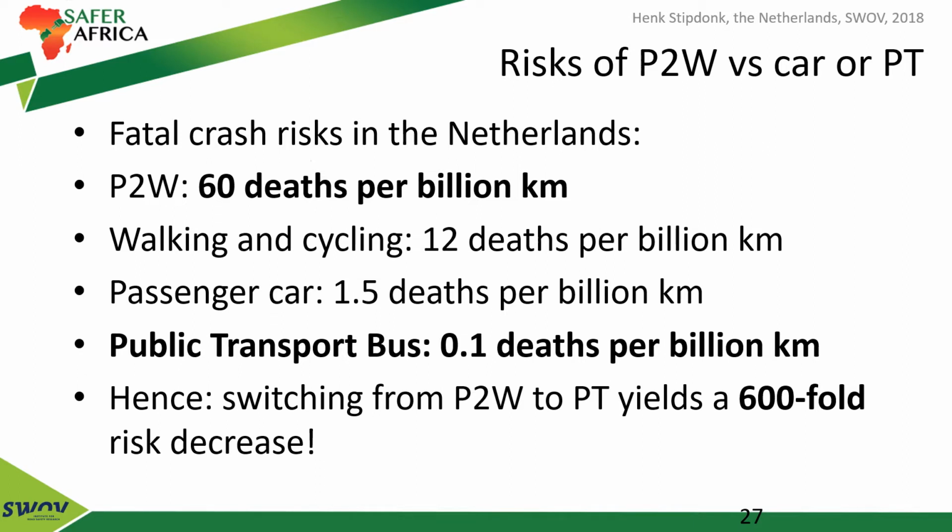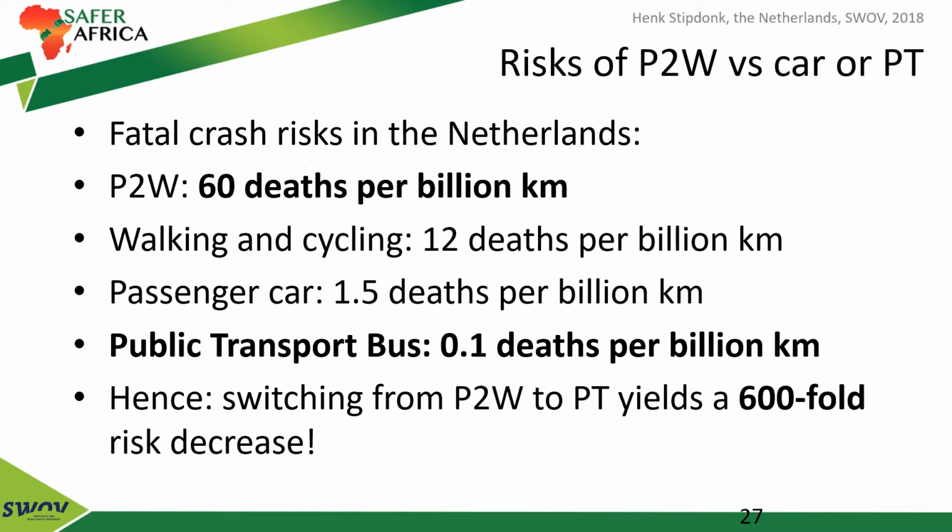In the Netherlands we have seen also in the second section of module 2 that power two-wheeler risk equals 60 deaths per billion kilometers traveled, while that of car occupants equals 1.5 deaths per billion kilometers traveled. So we have this value for power two-wheelers and this value for passenger cars.